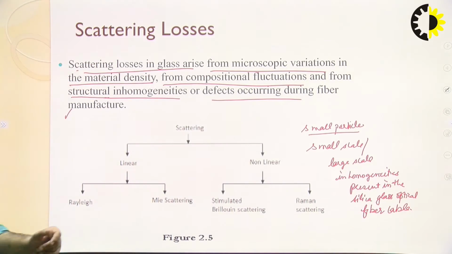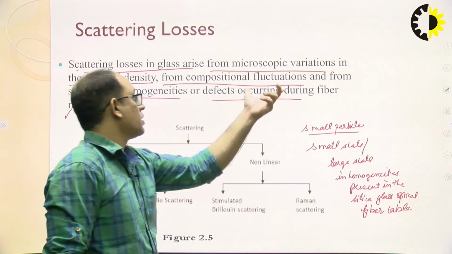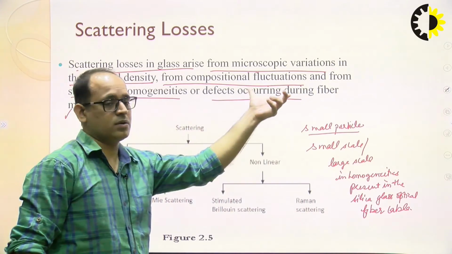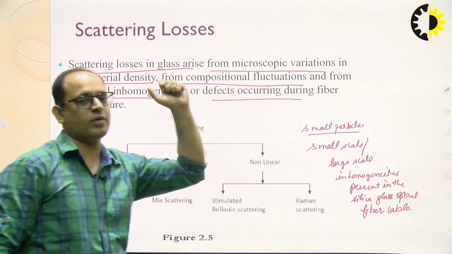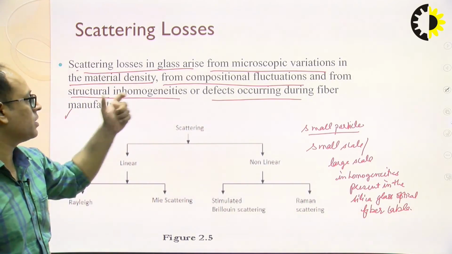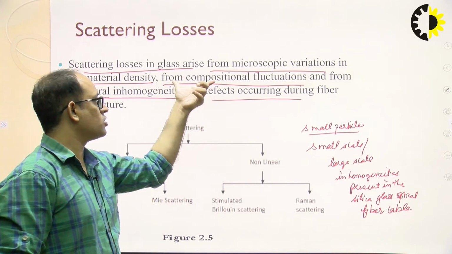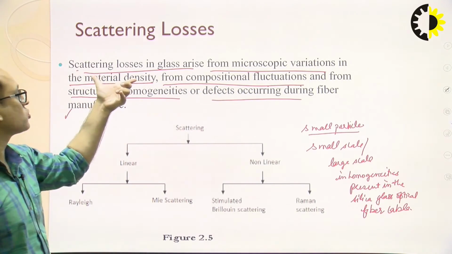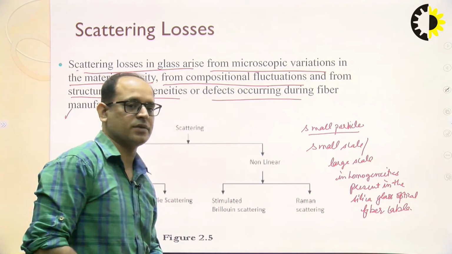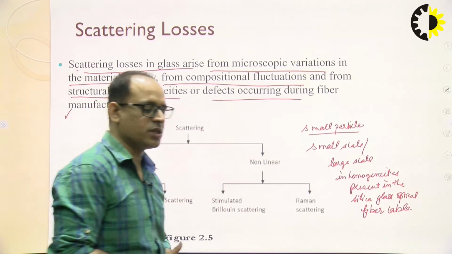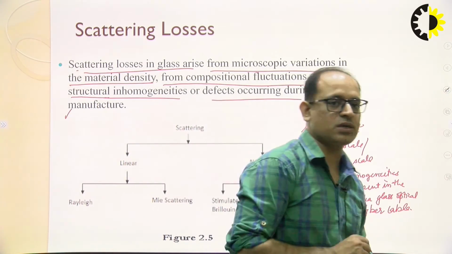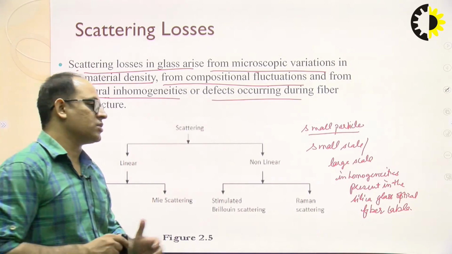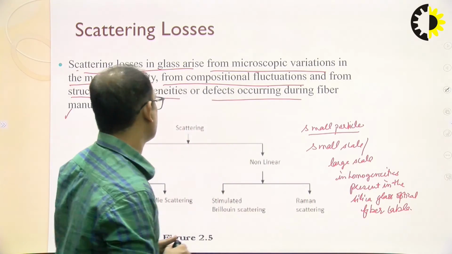So generally this scattering loss occurs due to structural inhomogeneity or defects present during the manufacturing of the optical fiber cable, also due to compositional fluctuation or microscopic variation in the material density. There may be a fluctuation in the material density that also causes scattering losses, and compositional fluctuations also contribute to the scattering losses.